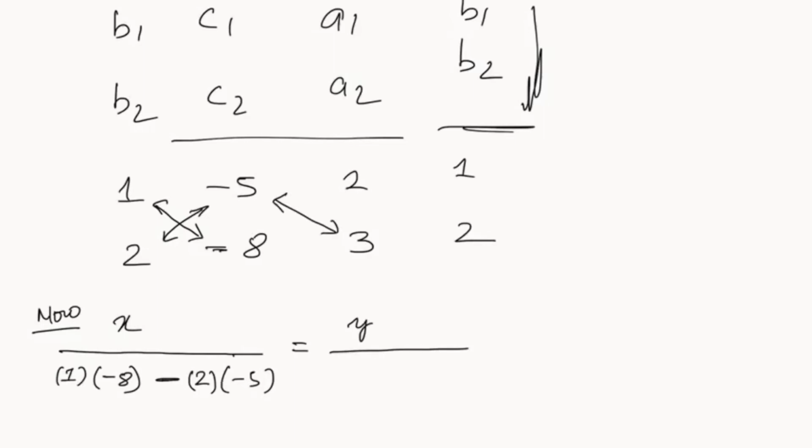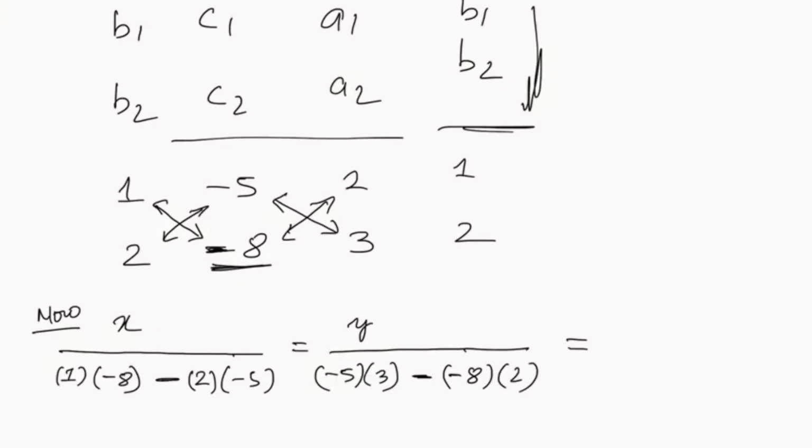Again these two numbers, minus 5 times 3, minus this 2 times minus 8. Don't get confused here. This minus is from the formula, this minus is from the number 8, that is the value of c2.